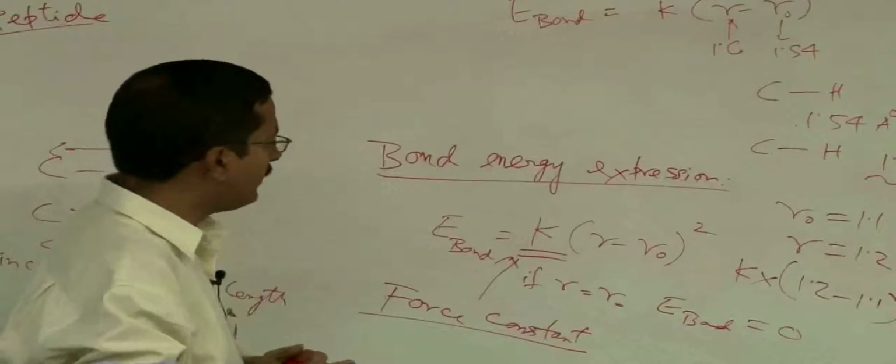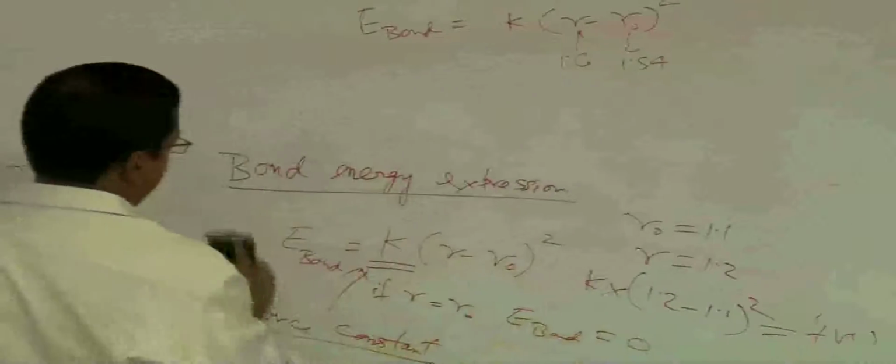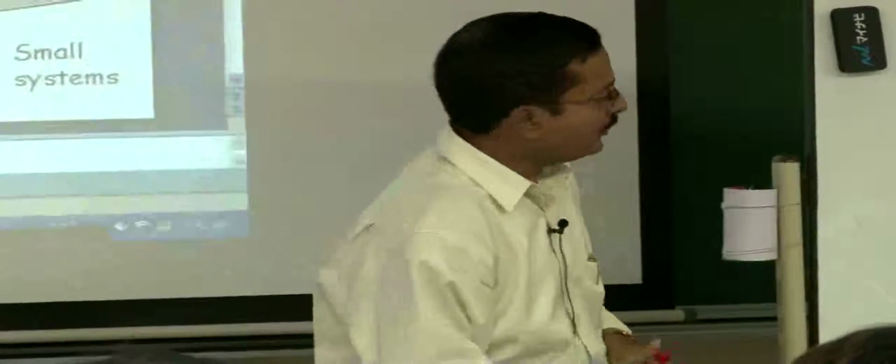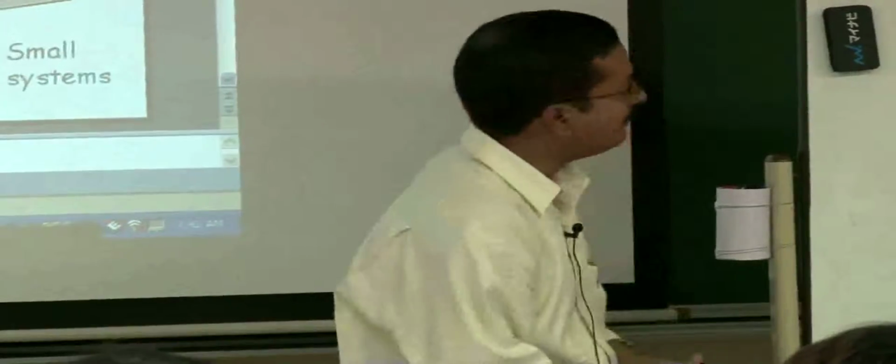So, this is our definition of R and R 0, and K is the force constant, that is the bond energy expression. And it is very easy to plot also. If you plot E bond versus R, you will get this kind of curve, where whenever you change from R 0, energy will always increase.